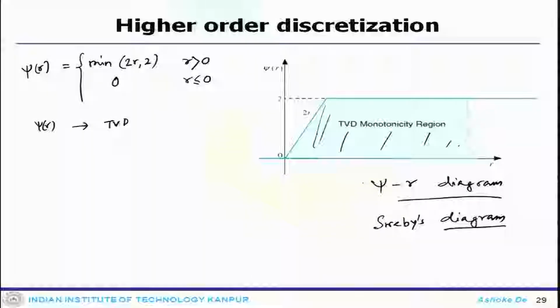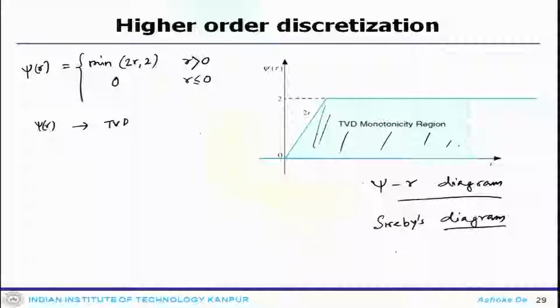This diagram is very similar to the NVD diagram, the normalized variable diagram, that we discussed earlier. Now, the limiters for all the schemes presented so far can be derived, and their functional relationship can also be drawn on this particular diagram.